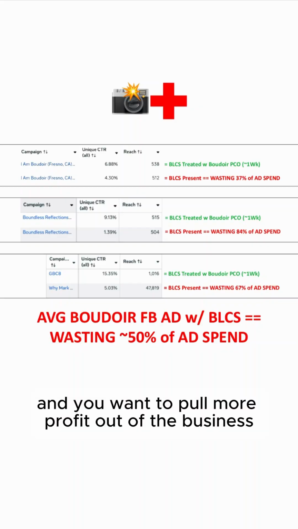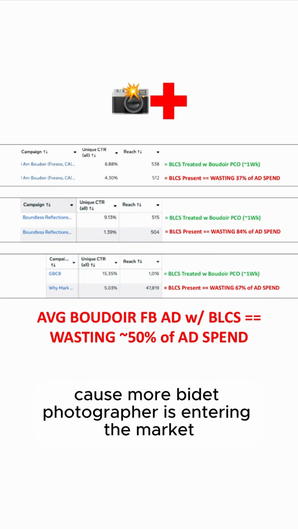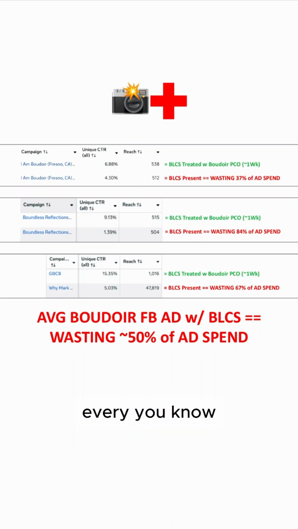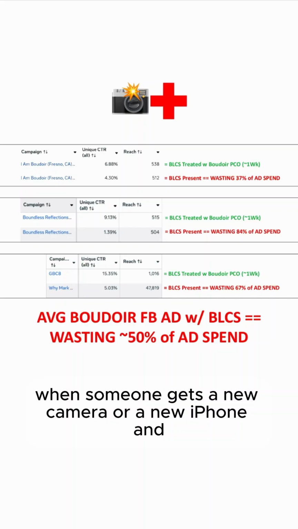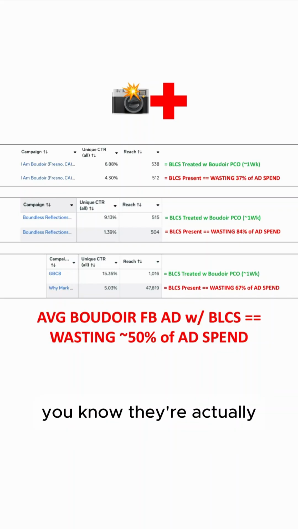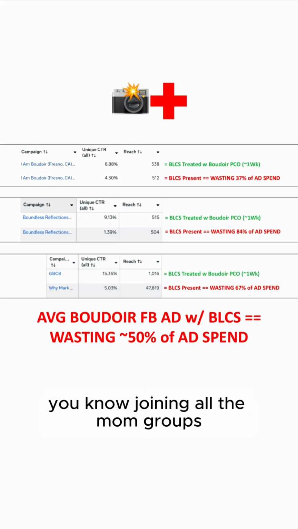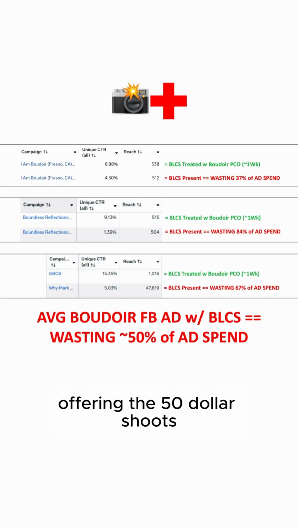And you want to pull more profit out of the business because more Boudoir photographers are entering the market every day. It seems like when someone gets a new camera or a new iPhone, they're joining all the mom groups, offering the $50 shoots.